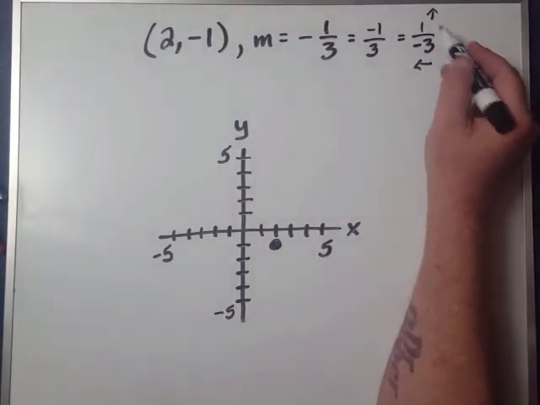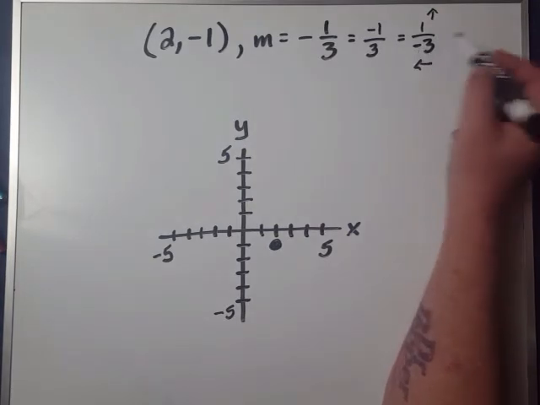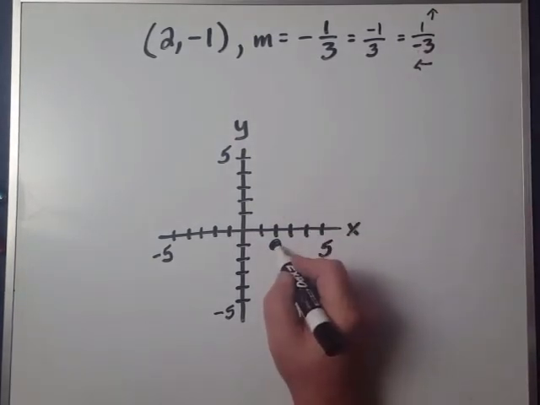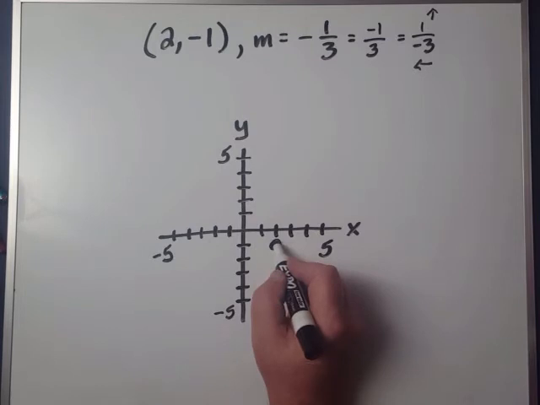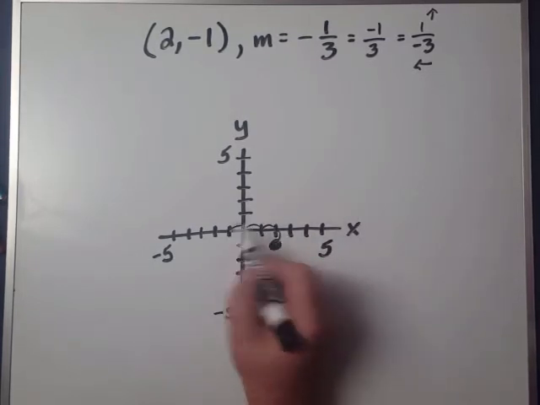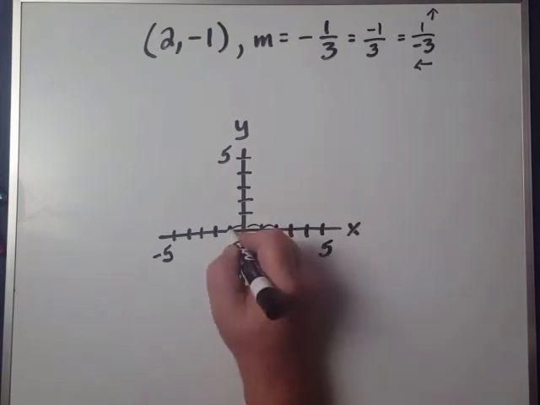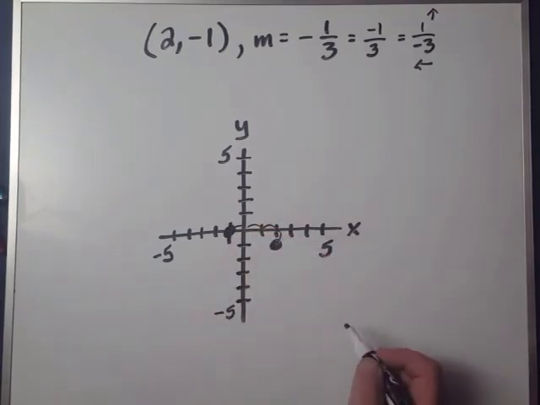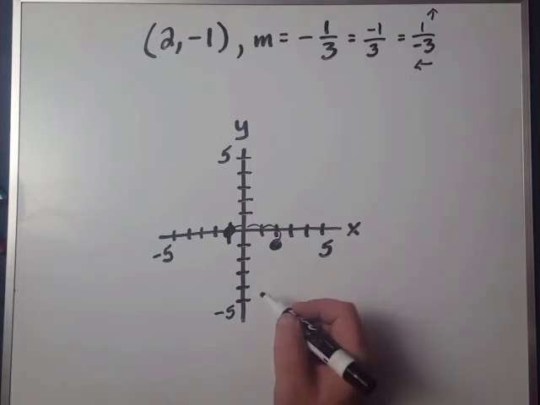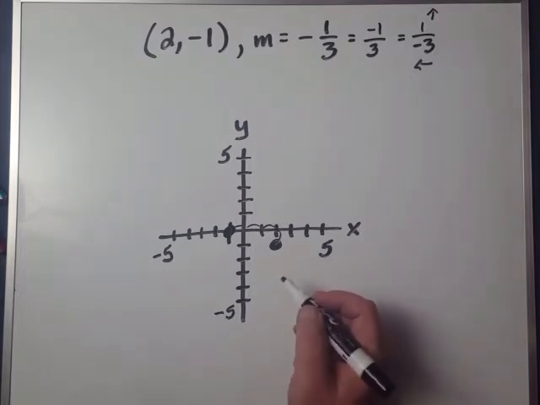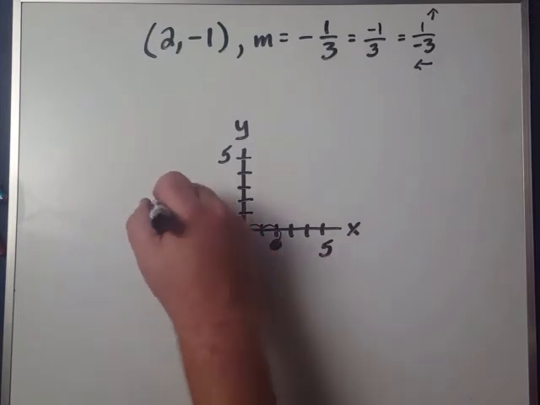Positive 1, we go up 1. A negative 3 from our run, we're backing up 3. So from this given point, let's move up 1 and back 3. 1, 2, 3. That puts me back here at negative 1 on the x-axis. So now I have my 2 points, and I am ready to graph my line.